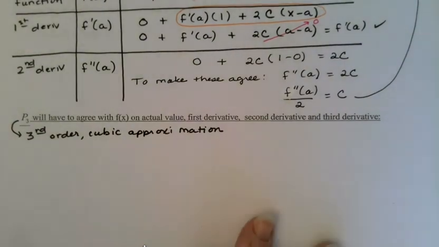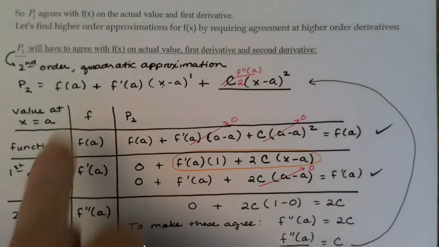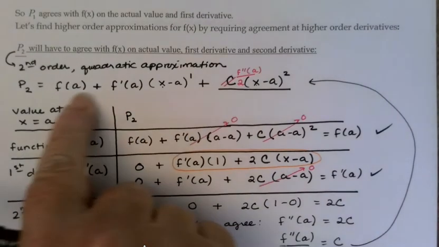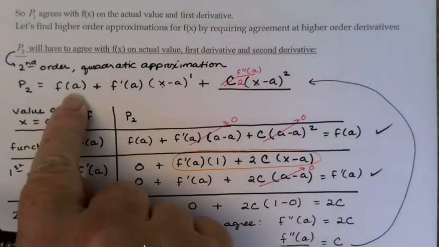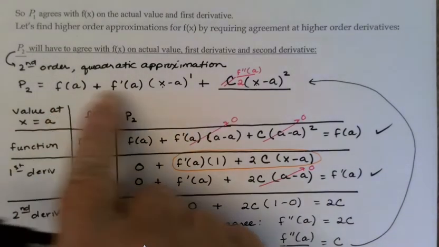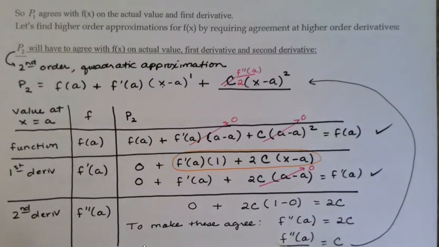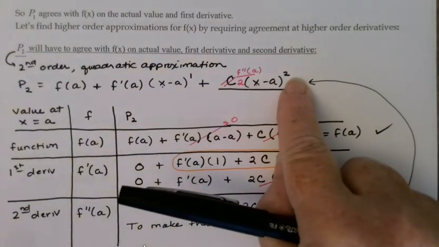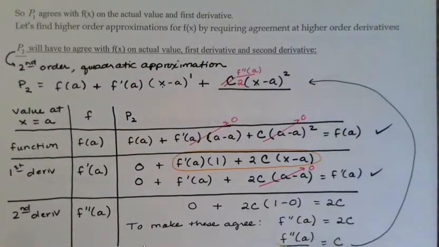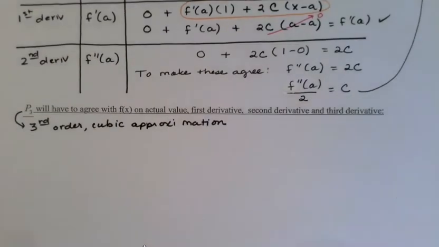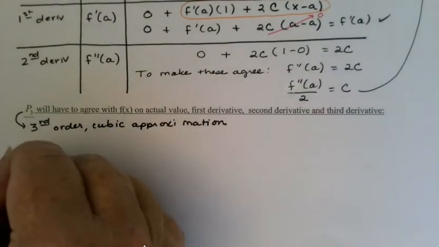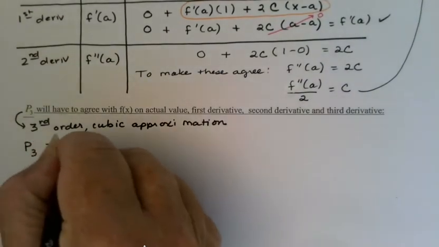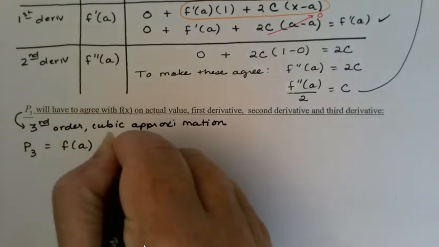I'm going to start out by saying we're not going to throw out what we already know. Let's start with all of this because we know this already agrees at the level of the function, the first and second derivatives. That's what we just did here. So let's start with all of this, but we're going to now add another term that has a third power. So I'm going to write P3 as everything I've got so far.